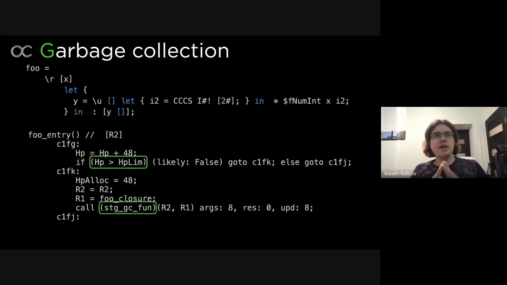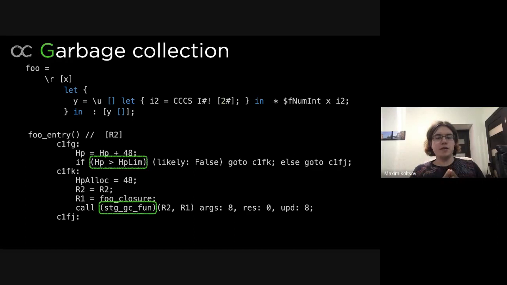It's this thing. The very first thing when we enter our function foo, we check some HP value against some constant HP limit value, and if the check succeeds, we call a function called stg_gc_fun.